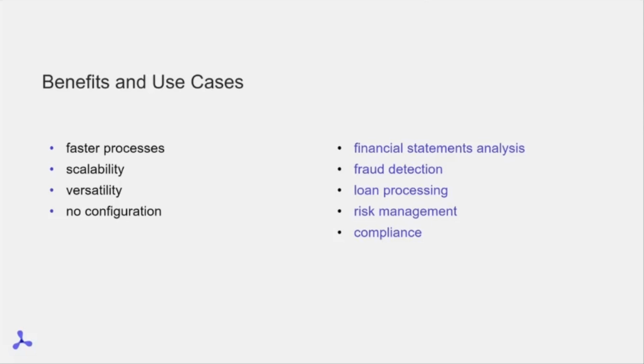By extracting data from various sources, such as financial statements, credit reports, and market data, risk managers can evaluate and manage risk associated with investments, loans, and other financial products. Financial institutions are required to comply with various regulation and transparency laws. So table extraction can be used to extract data from various sources to ensure compliance with these regulations.